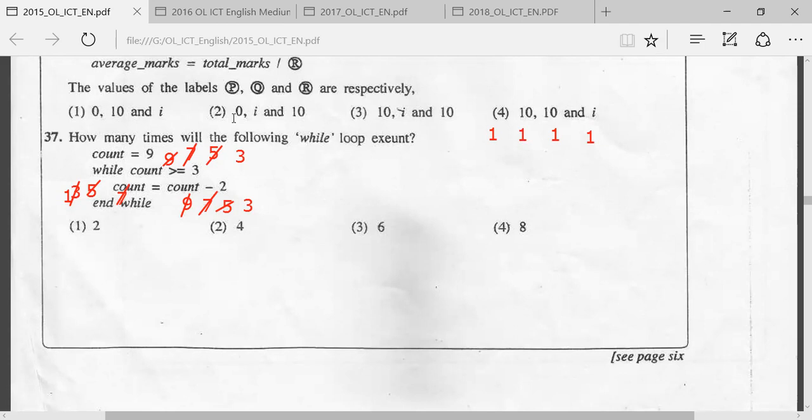It will go back here. Count will be 1. 1 greater than or equal 3, which is false, and the while loop ends. So how many times the iteration will happen? 4 times. So question number 37, answer option is second answer option.